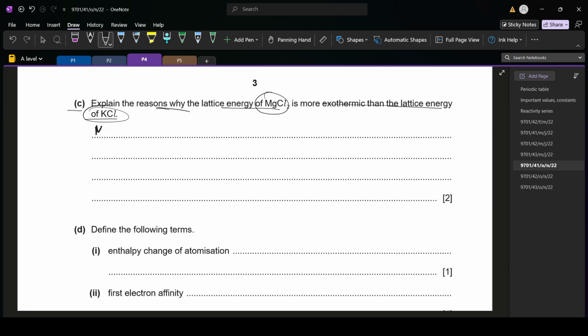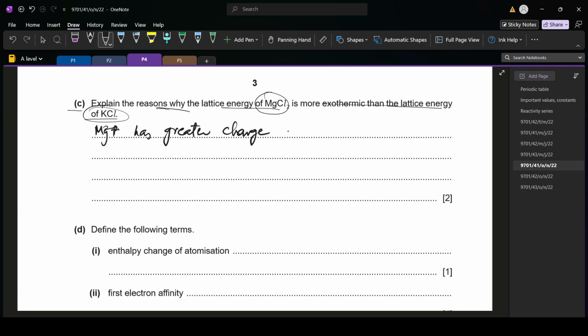So magnesium 2+ has greater charge density.